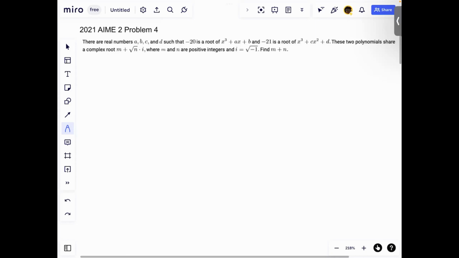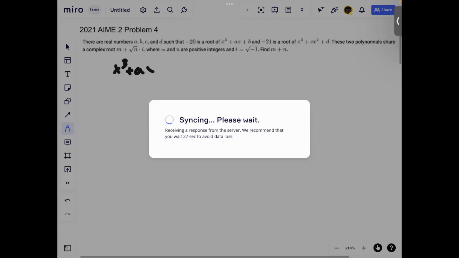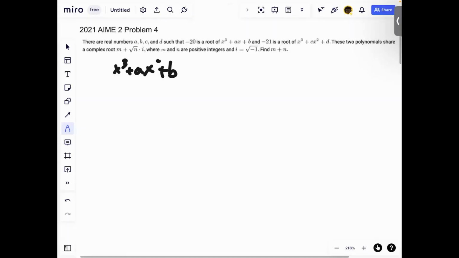So first, since -20 is a root of x cubed plus ax plus b, that means x cubed plus ax plus b is equal to x plus 20 times some other polynomial.